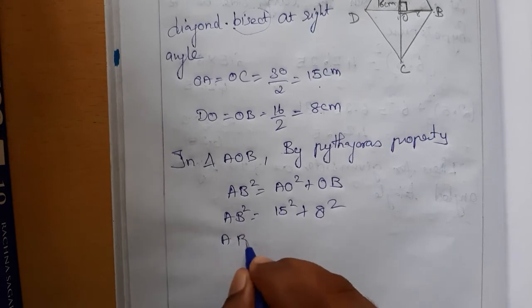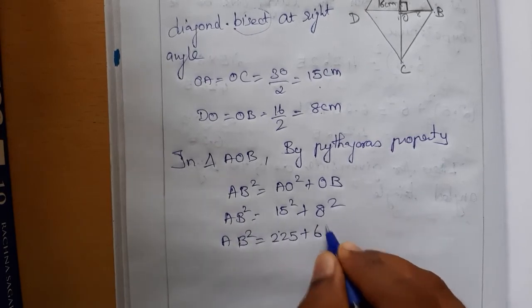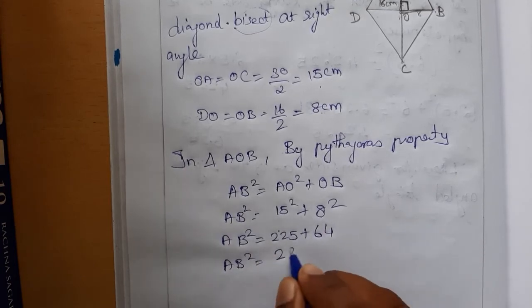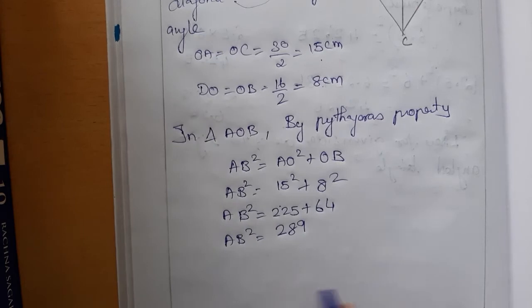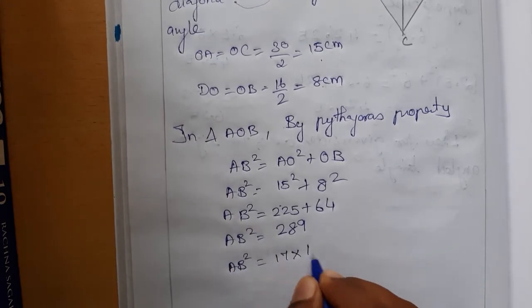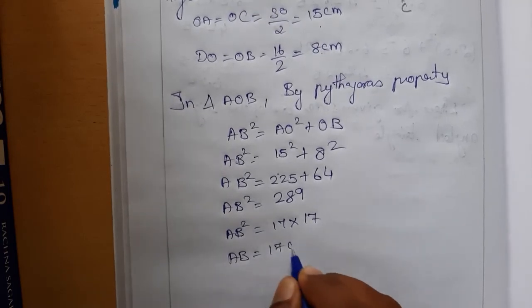So AB square is equal to 225 plus 64, so AB square is equal to 289. So 289 we can write as 17 into 17, so AB is equal to 17 centimeter.